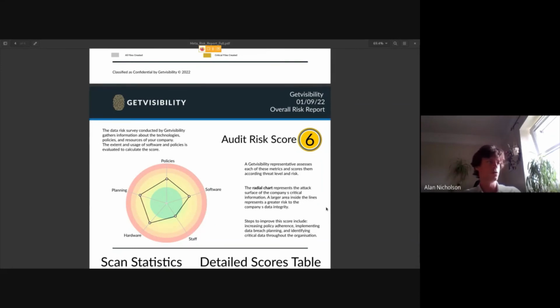So through engagement with the customers, we find out the areas of most concern, and we break them into 5 areas. So we have policies, software, staff, and hardware and planning.